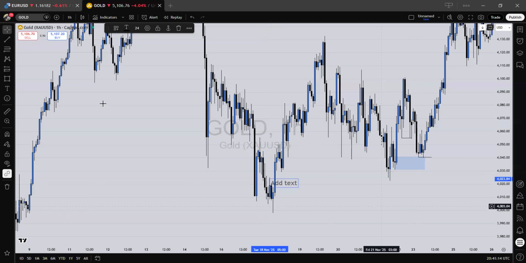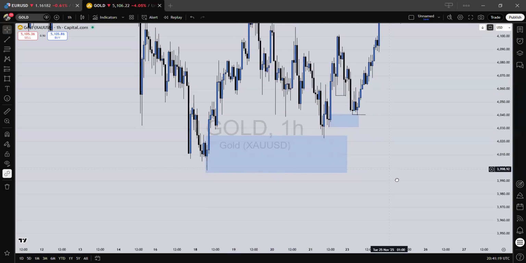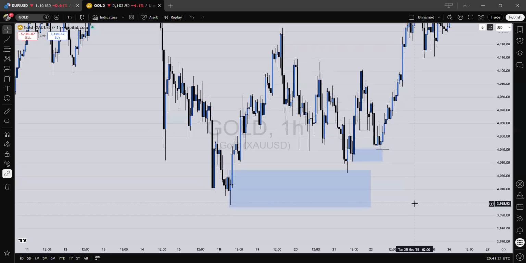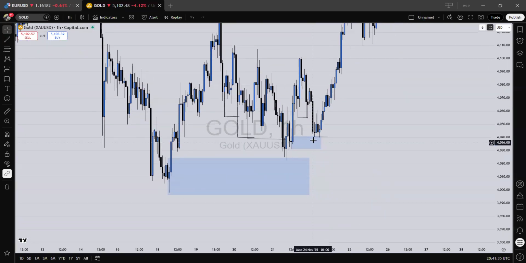It worked here as well. It worked here as well. Three breaks engineer liquidity. Okay. Before this confirmation entry came, price broke three lows.